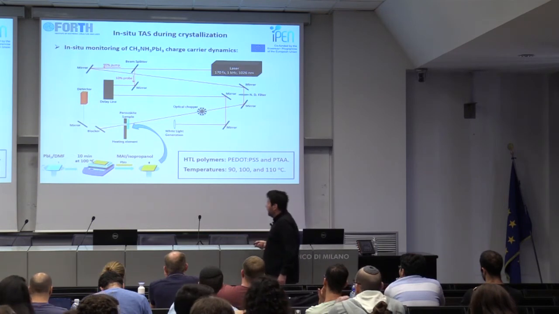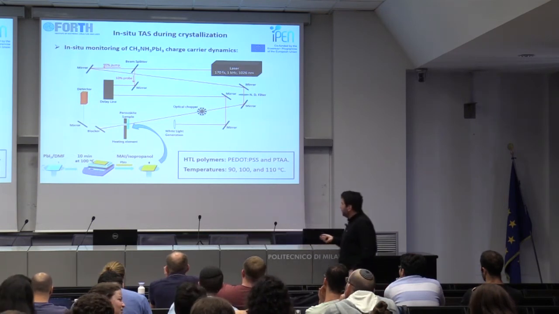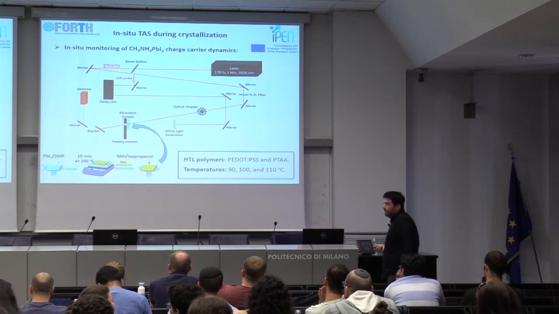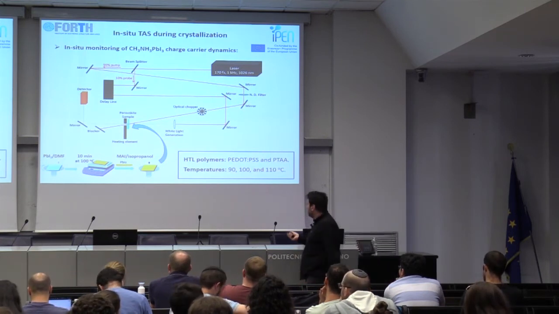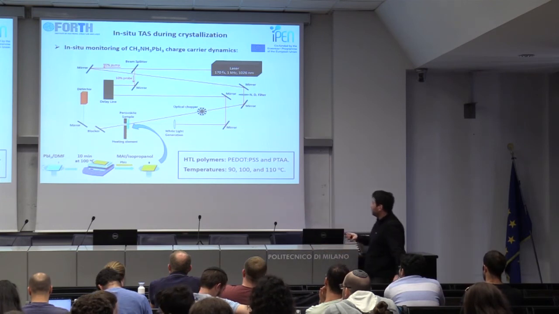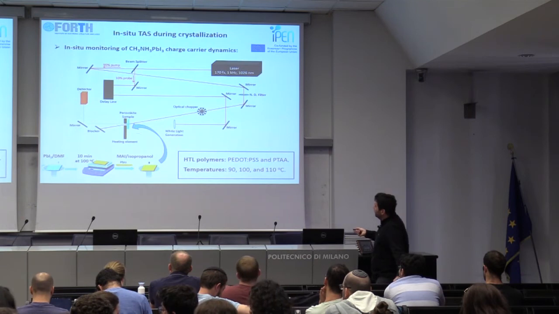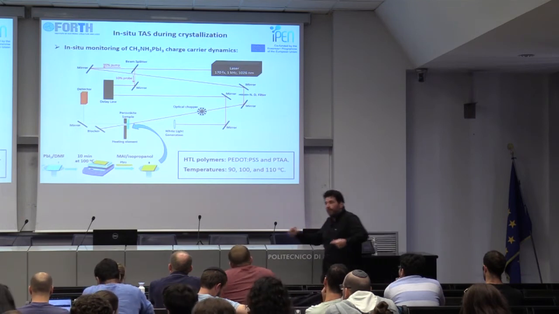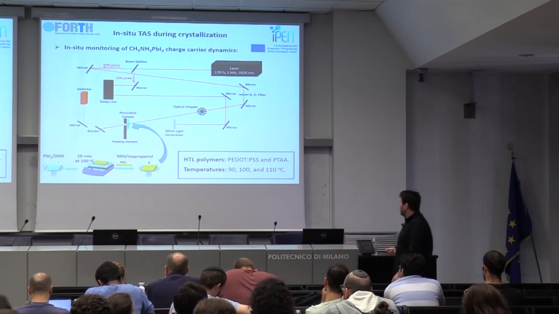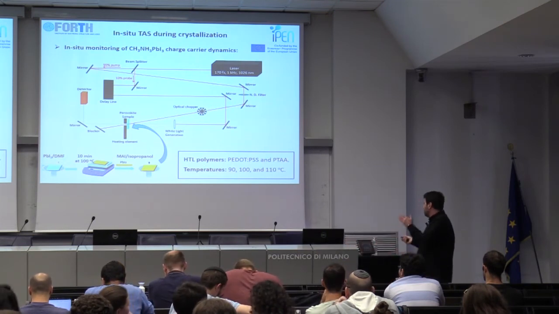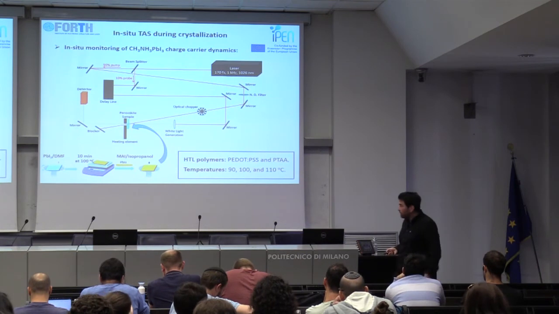You first deposit the lead iodide, you heat it up for 10 minutes at 100 degrees, then you spin coat the methylammonium isopropanol solution, and instead of heating it for the whole period, we heat it up while we perform TAS analysis. And we do that in 3 different temperatures, at 90 degrees, 100 degrees, and 110 degrees.